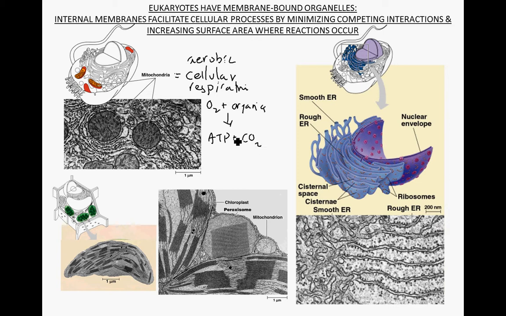And we'll see there's a whole chapter dealing with this aerobic cell respiration, but these membranes here are places that are separating the inside and outside of the cytoplasm, as well as then inside of the mitochondrion itself. We have little spaces inside the mitochondrion that are separated from other spaces inside the mitochondrion, and the reactions that are going on here differ from the reactions that are going on there.